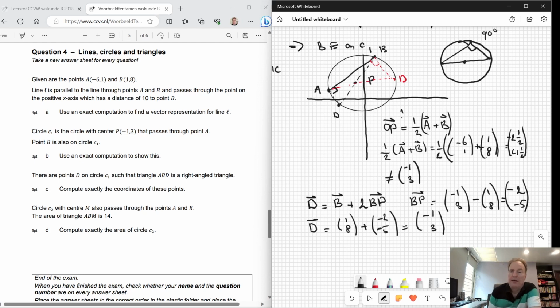Okay, it's getting late in the exam. I should have multiplied this by a 2 here. Actually, I was getting minus 1, 3, which is the center, which of course should be the case.